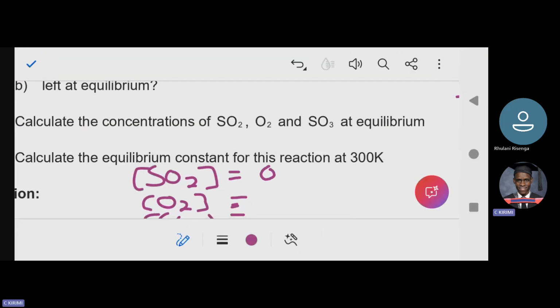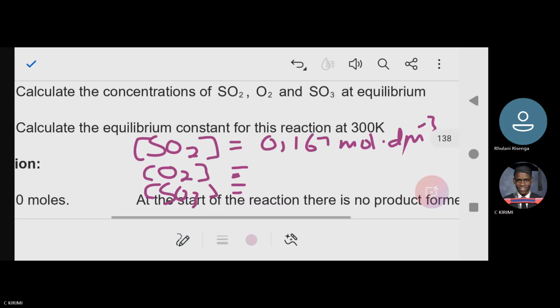Which is correct, 0.167. But to indicate, these are mol/dm3, which means cubic decimeters. And the other one? The second one is 0.083. Okay, 0.083.